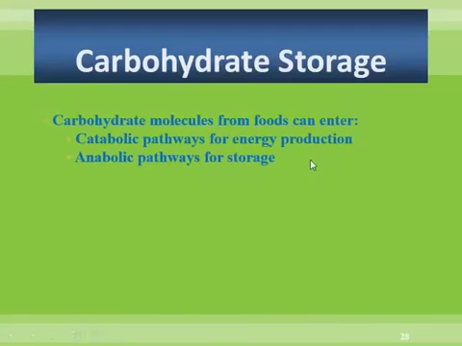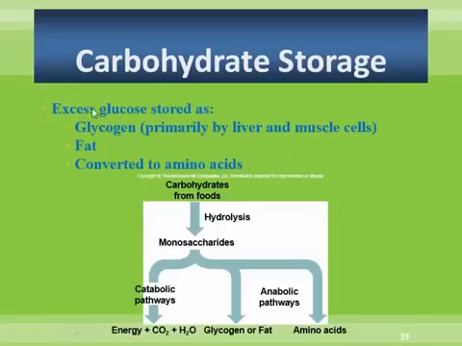All of our food molecules can enter the citric acid cycle. If we eat too much sugar, it's broken down to glucose by way of hydrolysis. That glucose, the monosaccharides, can enter the mitochondria for complete breakdown for energy.